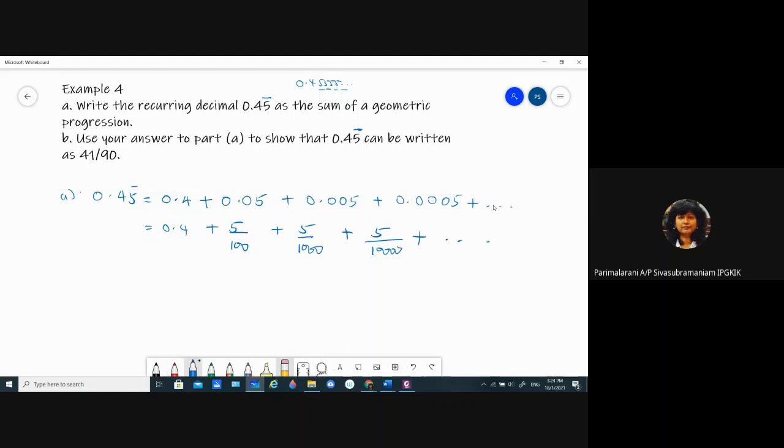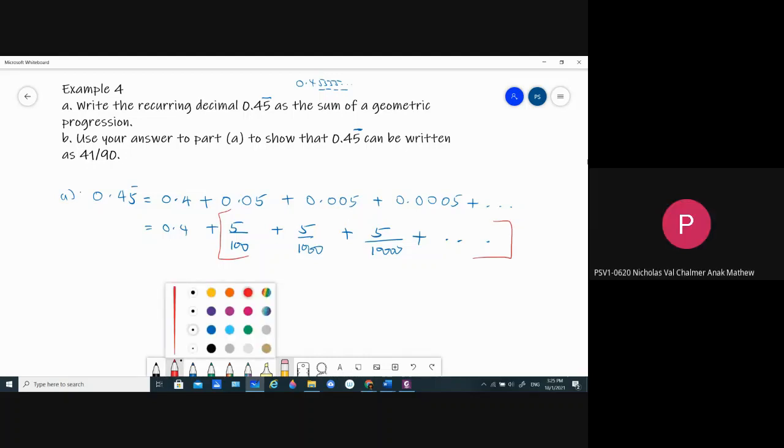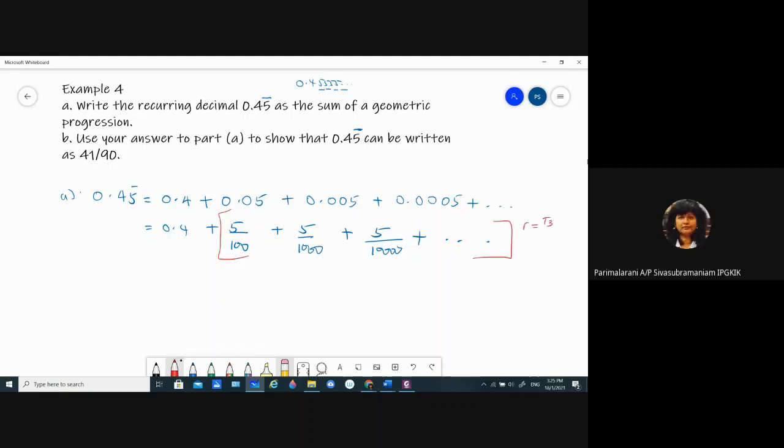Is this a geometric progression? This part of it. Yes. What is the R here? R is term 3 over term 2.